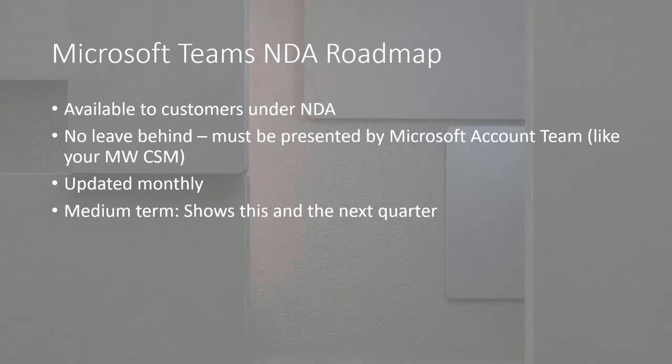So if you were to get a briefing on the NDA roadmap, it would show you not only what we plan to release before the end of June, but it would also have things in there that we plan to release by the end of October at this point. And as we get towards the end of a quarter, you'll see that list get really big again as they add the next quarter's set of things.